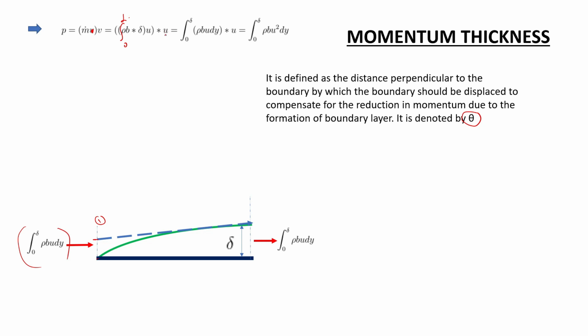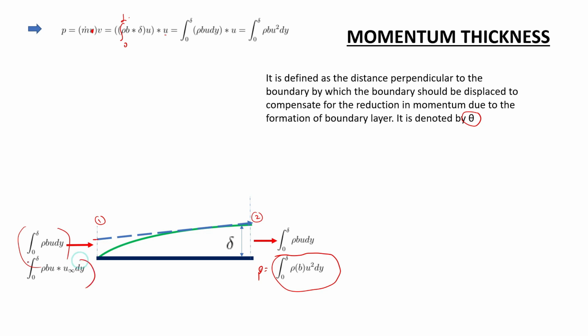Into the velocity u, so this is equal to the integral of rho b u square dy from 0 to delta. So I have written this is the momentum at this section 2.